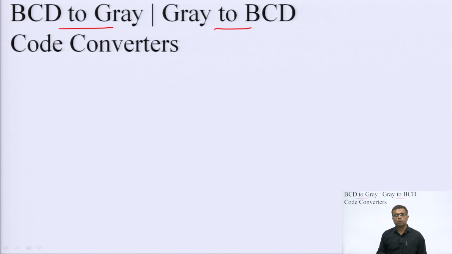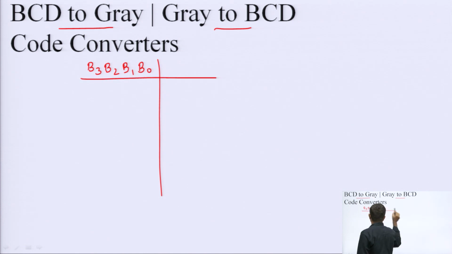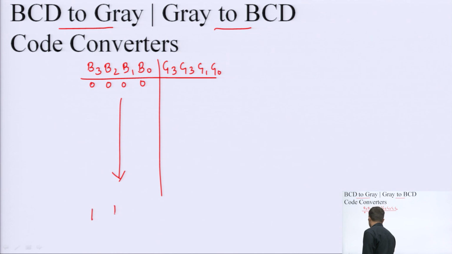As you all know, gray can only be converted from binary, and the relation that exists between binary and gray is valid for 0 to any number, but for BCD the range is 0 to 9. That means, if I prepare a BCD to gray converter, with B3, B2, B1 and B0, then in case of binary to gray we had prepared cases from 0, 0, 0, 0 to 1, 1, 1, 1, but in case of BCD my valid range will be up to 9.